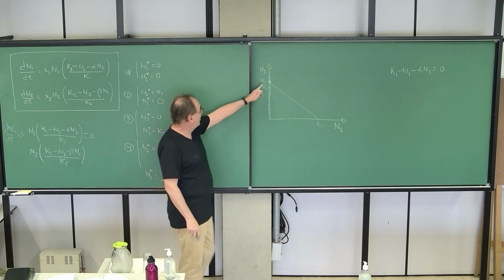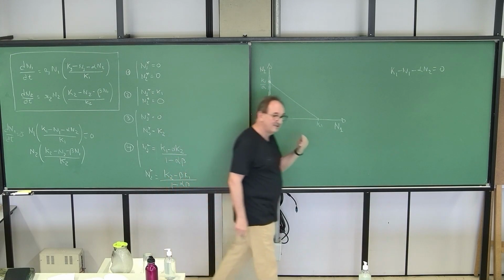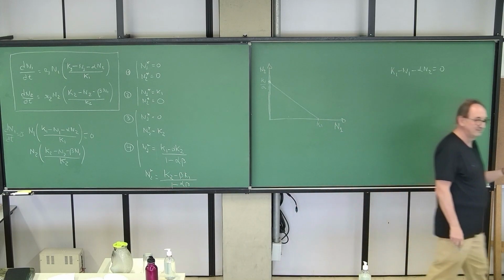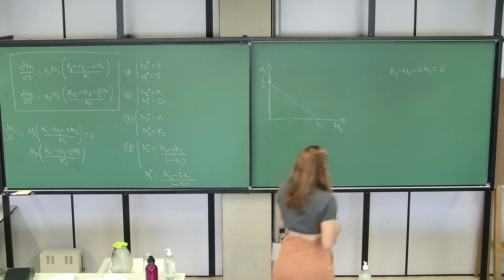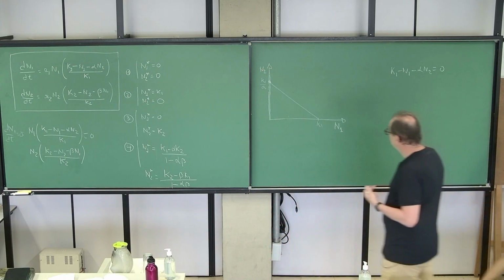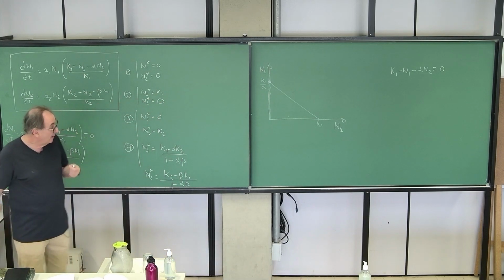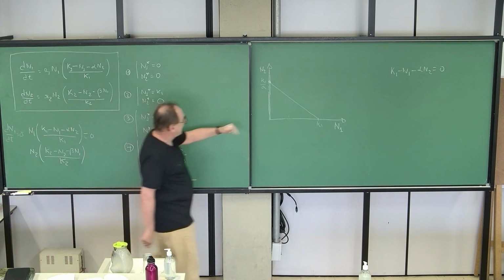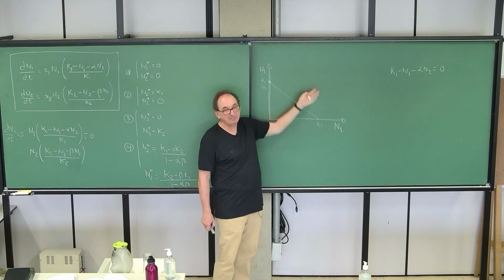Now, on this line and on this line, the derivative of n1 is 0. Therefore, it does not change. Then on one side, it will be negative, and the other side will be positive.